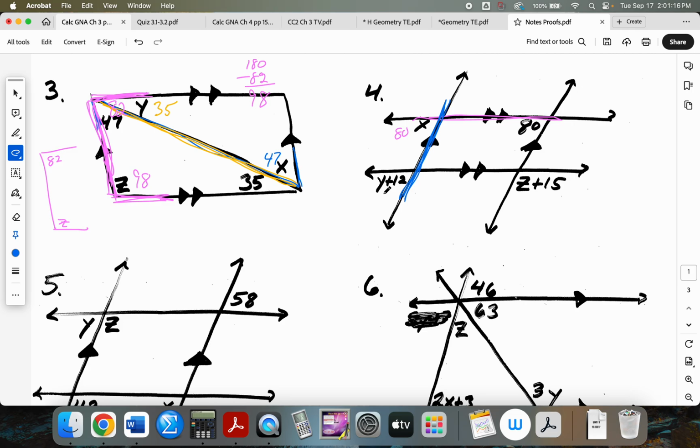They're congruent, yeah. So that angle is 80, but that's not the value of y, is it? No. Y plus 12 is going to be equal to 80. Subtract 12 from both sides. We've got y is 68.